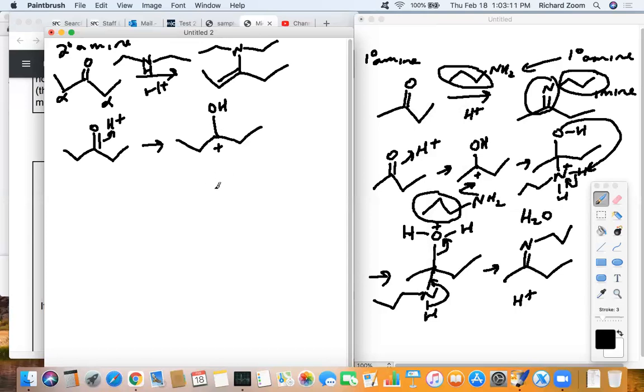And then we add the H plus to the C double bond O. That's the same thing as happened previously. We'll have the N attacking the C plus. Again, not really a surprise so far.